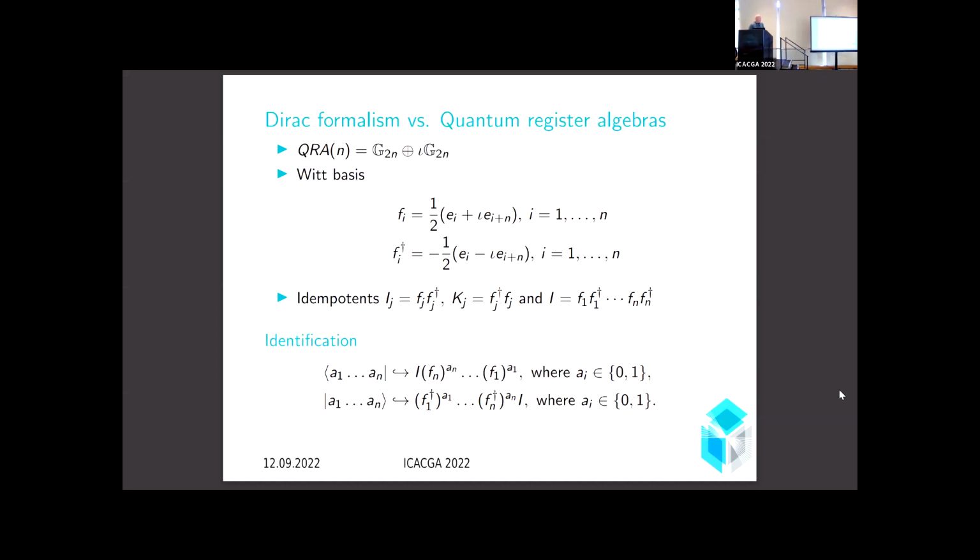So the bra vector is exactly this element, and the ket vector is exactly this element. I will show next an example of 2-qubit states explicitly.